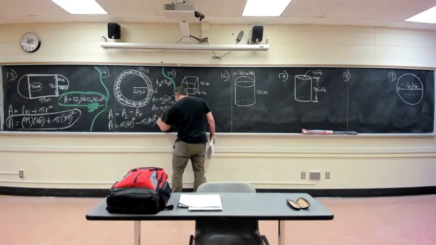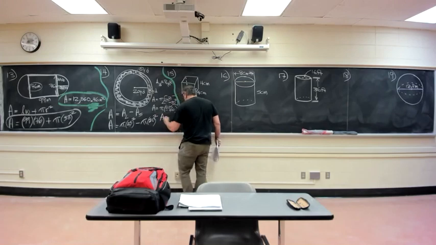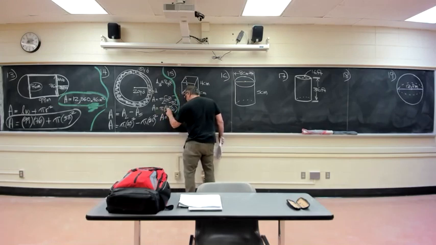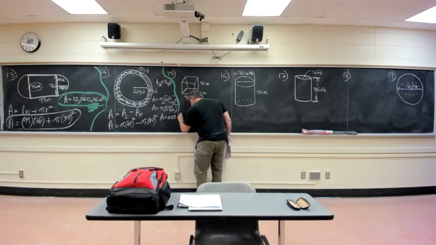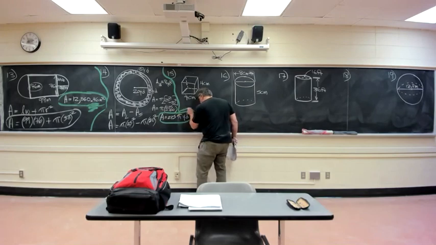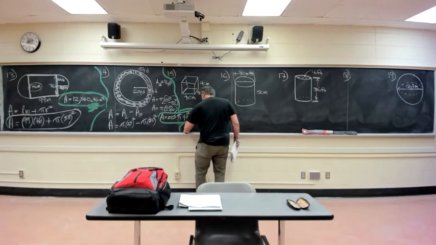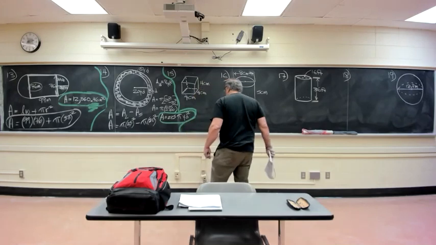So the area of the path, if they asked us, 625 minus 400 is 225 pi yards squared. Now, we're not done. They weren't really asking that, but we got it. 225 pi yards squared.